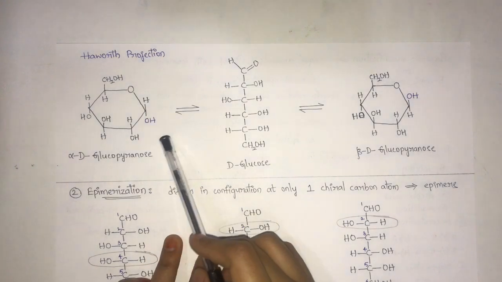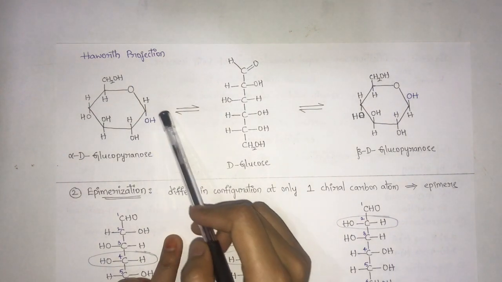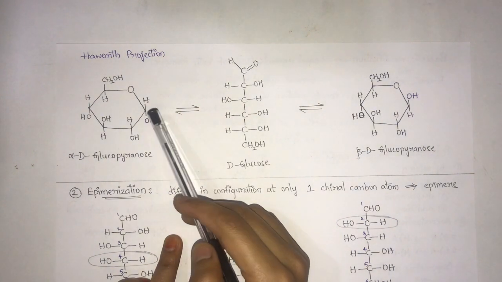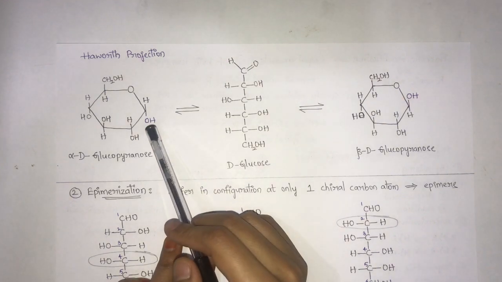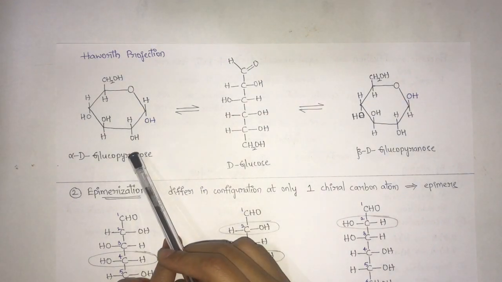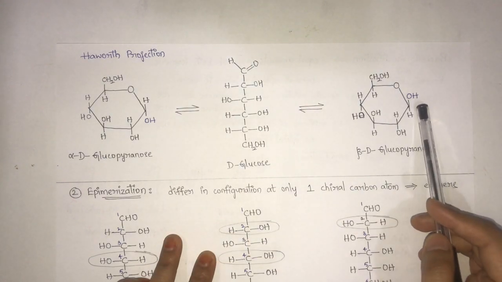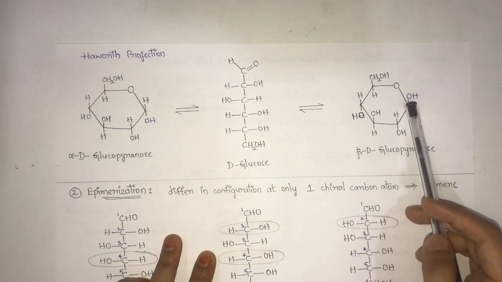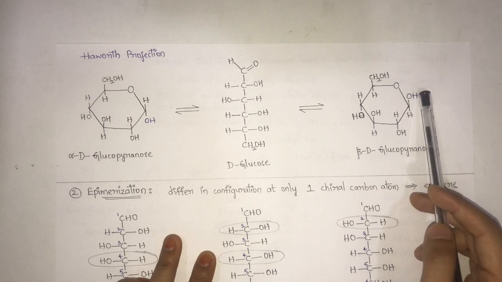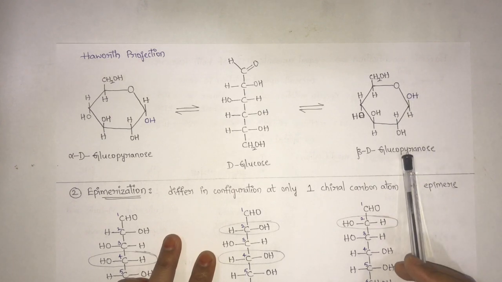If the hydroxyl group is written down, then this is the alpha form. So we call this alpha D glucopyranose. If the hydroxyl group is on top, above, then we say this is the beta form. The compound is beta D glucopyranose.